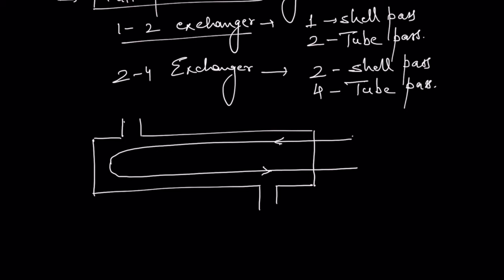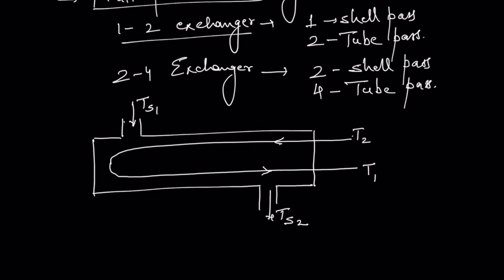If the fluid is coming from this side, suppose this is the temperature of the shell at entrance 1, and temperature of the shell at exit 2, so it is left to right only, just one pass. And in the tube, this is the temperature, suppose T1, and this is the temperature at the exit T2.